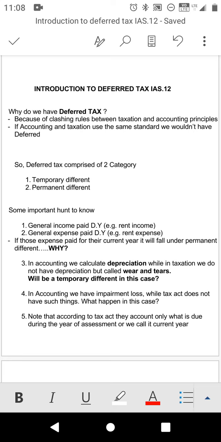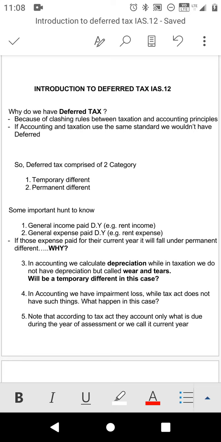Okay, now let's proceed. Number 3. In accounting, we calculate depreciation, while in taxation, we do not have depreciation, but we call it wear and tear. Those who are doing taxation know very well that in taxation, we don't calculate depreciation, but we call it wear and tear.